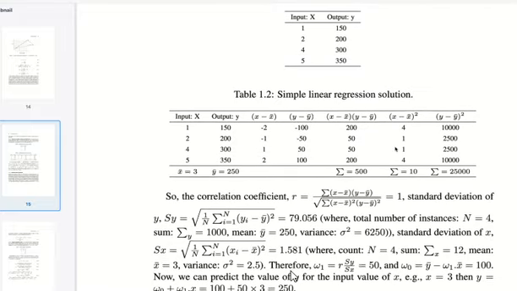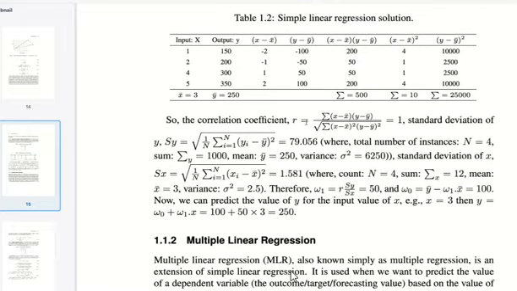Why do we need this? Because we try to calculate the correlation coefficient r and the standard deviation of y and x. To calculate these, we need to find these values. That's why we calculated them.